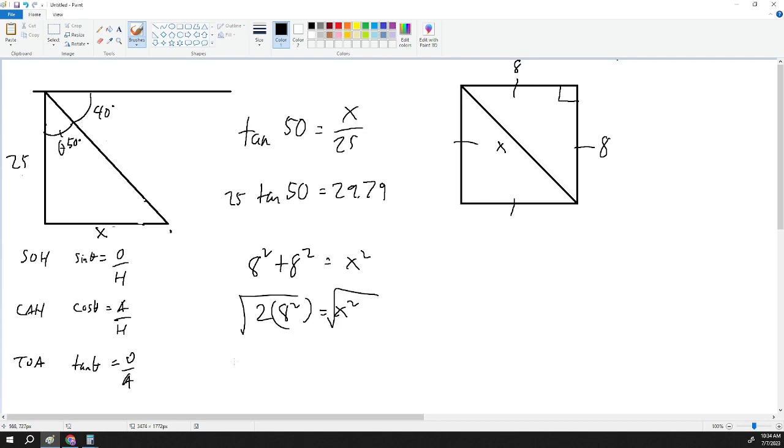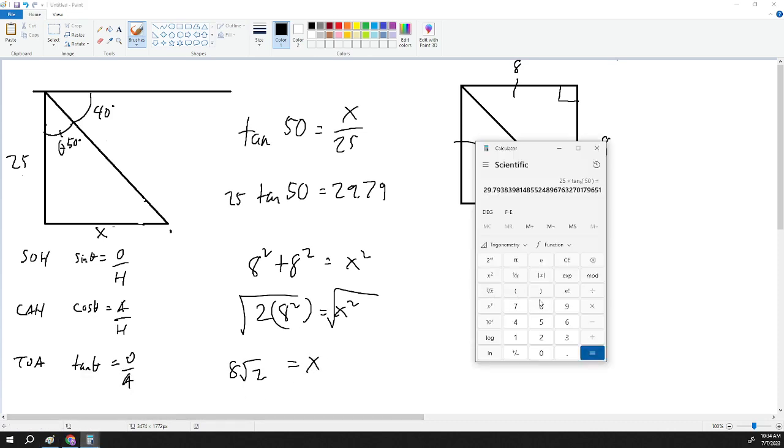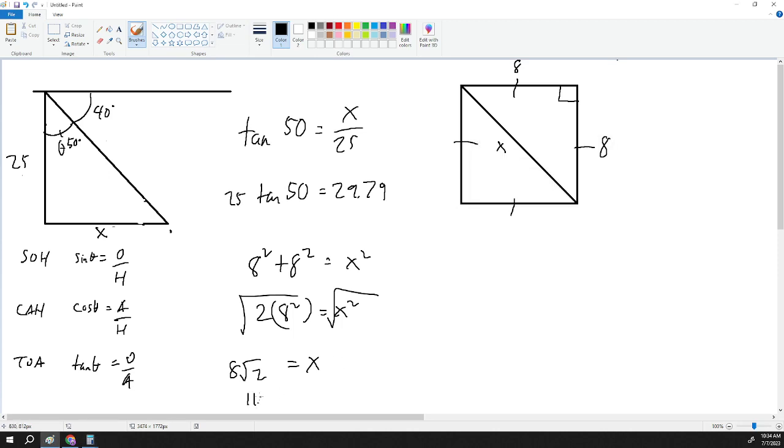We are left with 8 square root of 2 is equal to x, or 8 times square root of 2, 11.31. So actually, these are the parts of a special triangle.